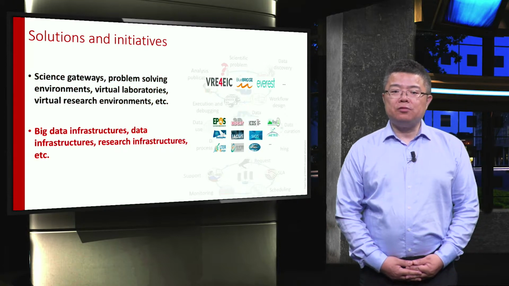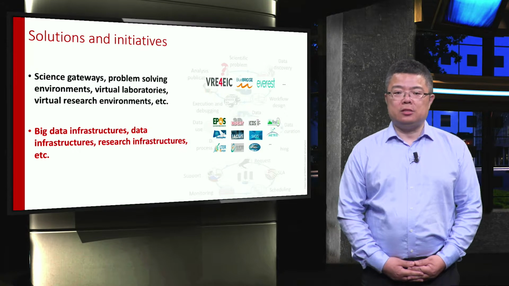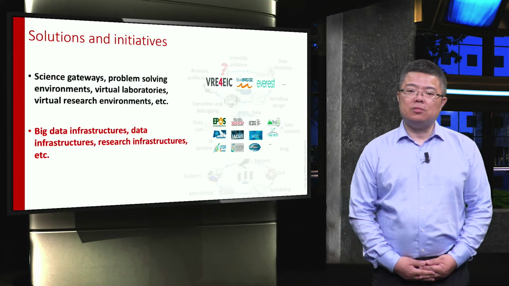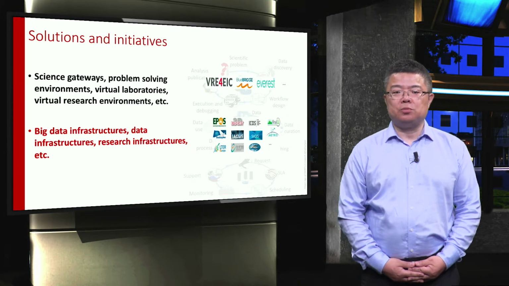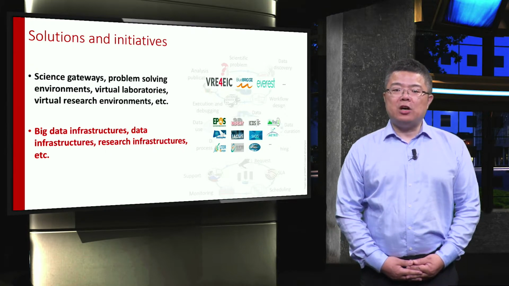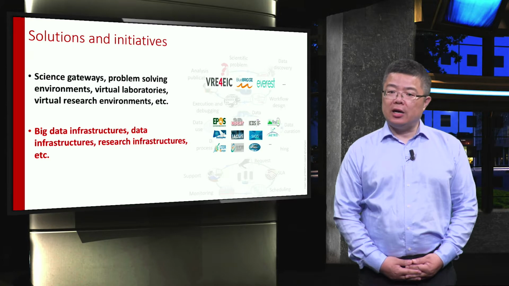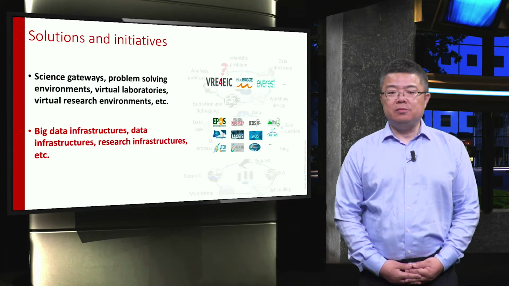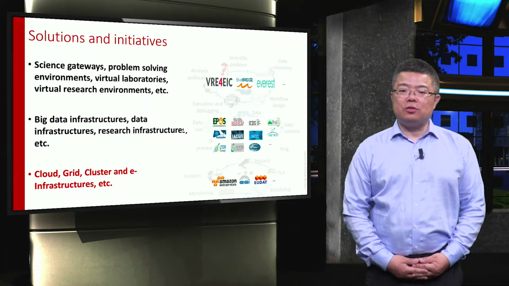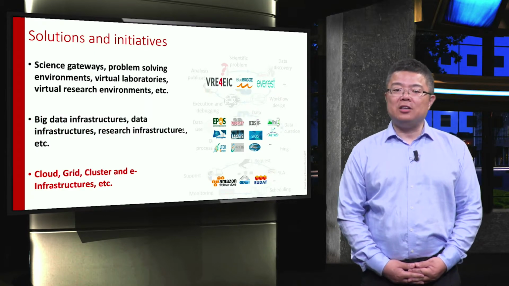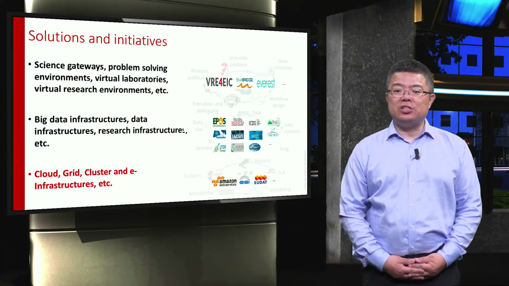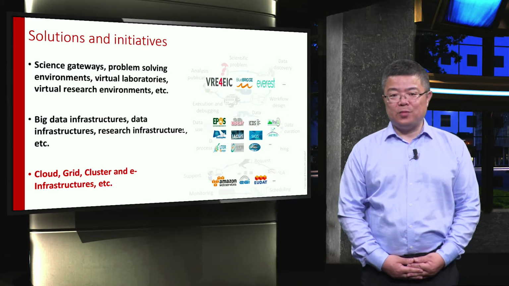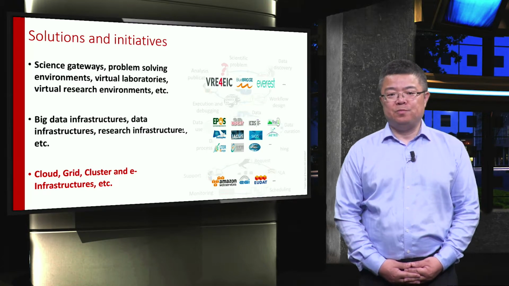To meet the requirements for managing the data and other digital assets, data infrastructures, research infrastructures, or big data infrastructures are typical solutions, with examples in environmental and earth sciences including ICOS, EPOS, ANAEE, and EuroArgo. To meet the requirements for managing infrastructure resources, cloud providers like Amazon or Azure, or e-infrastructures such as EGI and EUDAT are typical examples.